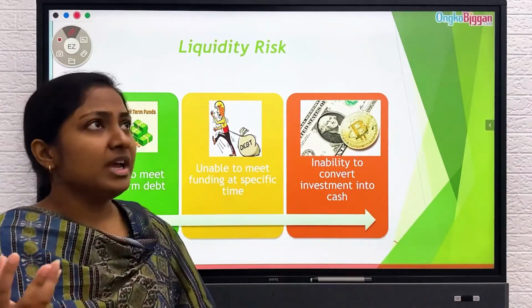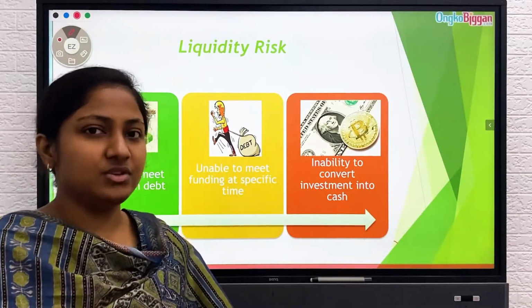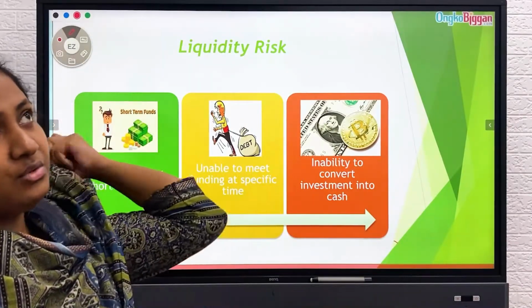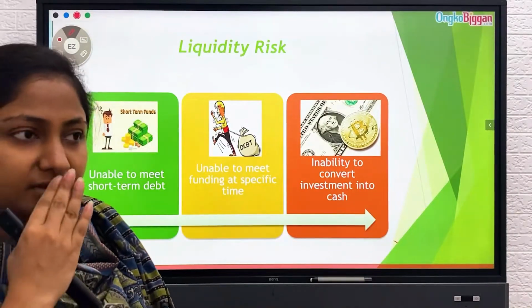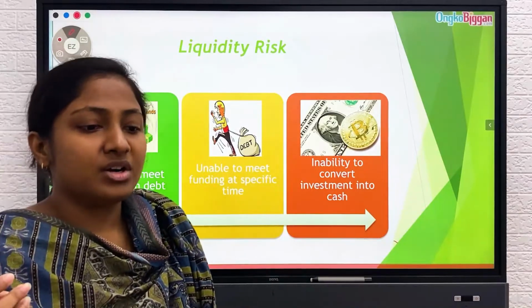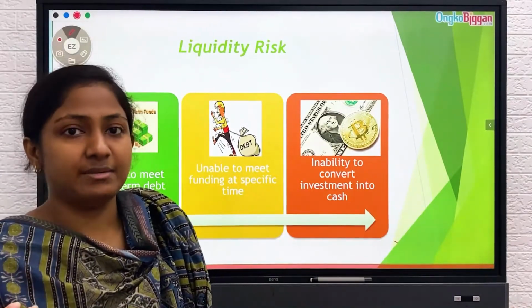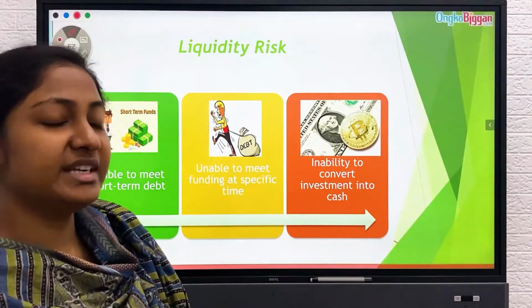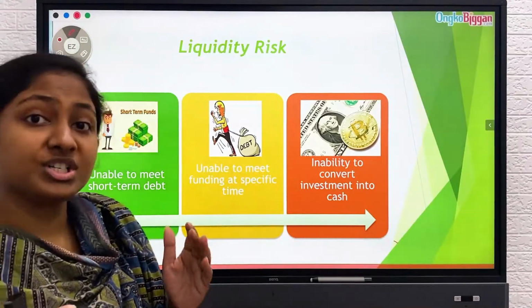Here there is a little bit of advantage you may get. If you buy the share from the company, then you can buy or sell your investment or share at any time, and you can get your money at any time in the secondary market or share market.